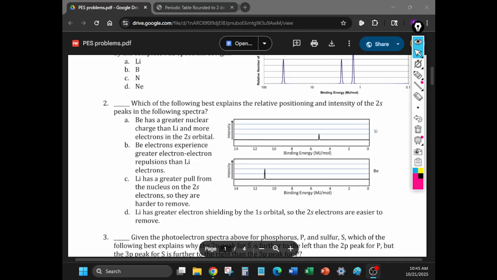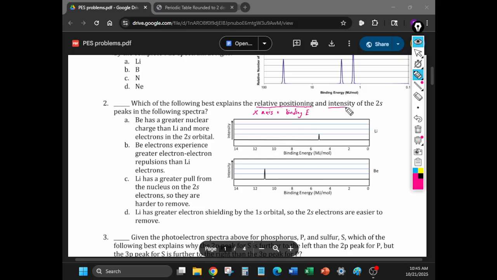All right, so before we talk about the answer, let's interpret the question first because that's pretty important. The question is asking, which of the following descriptions best explains first the relative positioning, so basically where the peaks are, that has to do with the x-axis. And if you guys remember, the x-axis has to do with how tightly the electrons are held. Okay, so that's the binding energy. So that's the first thing we are looking at, the binding energy.